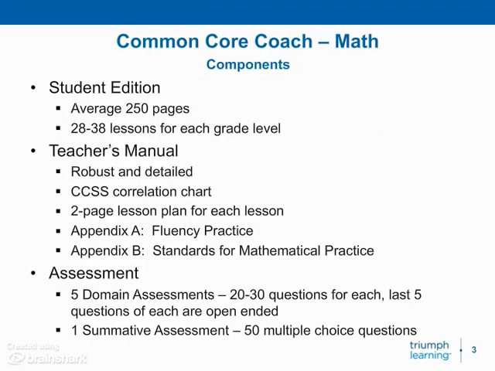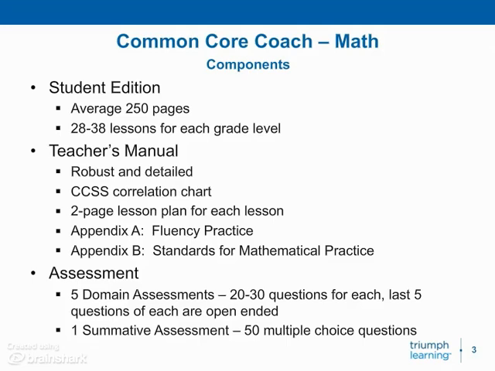The components of the program include a student edition text, and we are careful not to call it a workbook, as this is a teacher-driven instructional tool. The student books vary in lessons as the standards for each grade vary. For instance, grade 3 has 28 lessons, but grade 7 has 31 lessons.